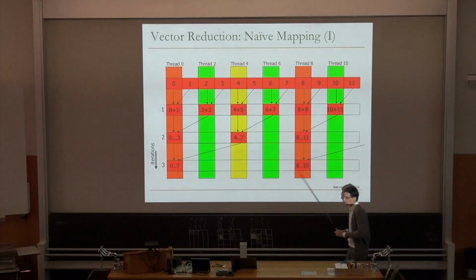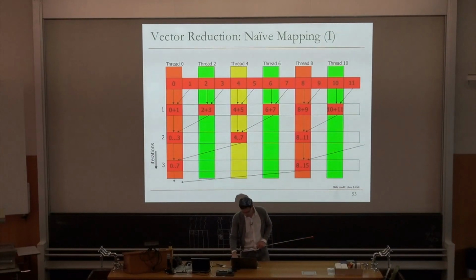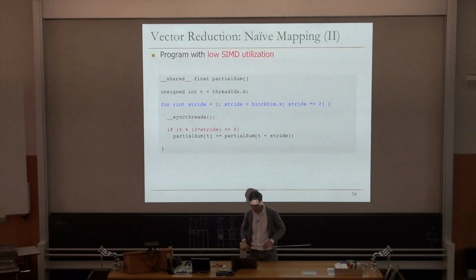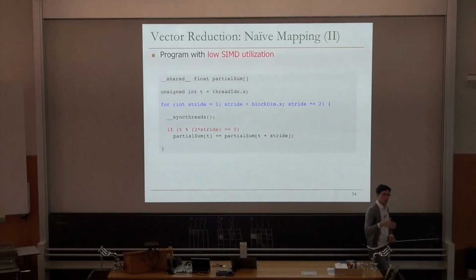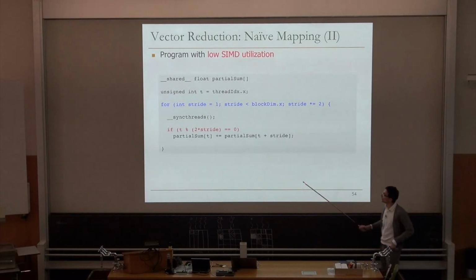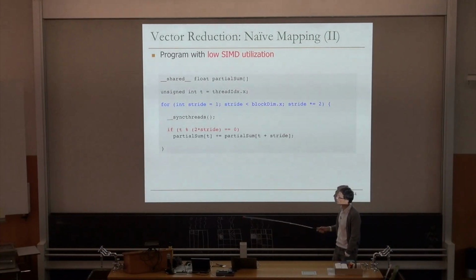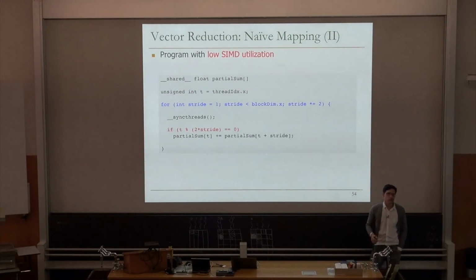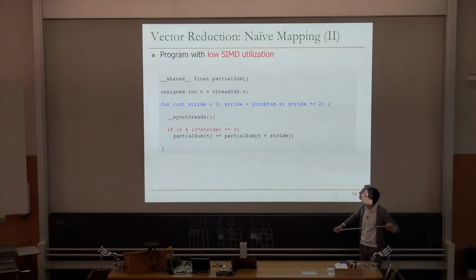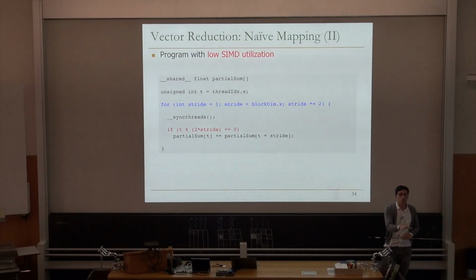But the problem with this code, what is the problem with this code? The problem with this code is that it has very low SIMD utilization, because in every iteration we are retiring half of the threads, and in the way that we have written the code, the threads that continue executing are those whose thread ID is a multiple of the stride that we are using, and the rest of the threads that belong to the same warp are going to stay idle.